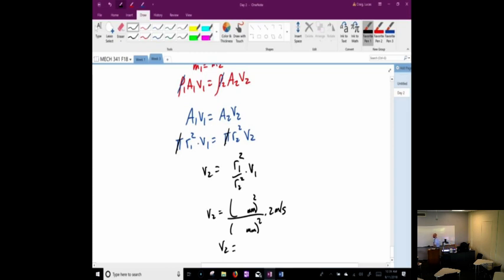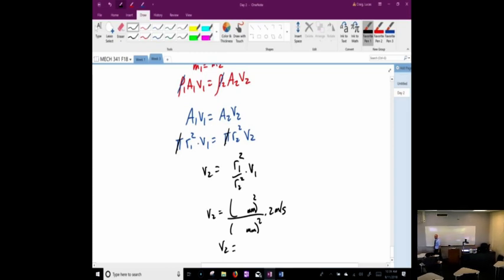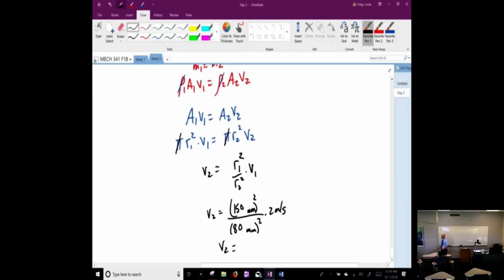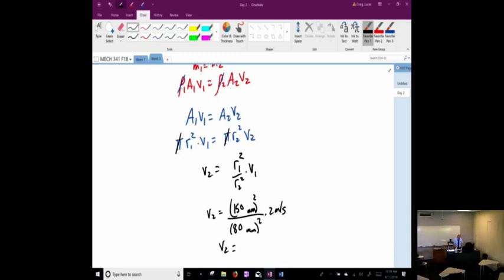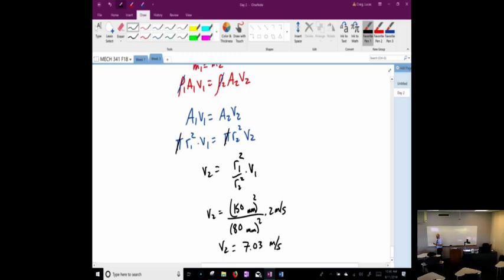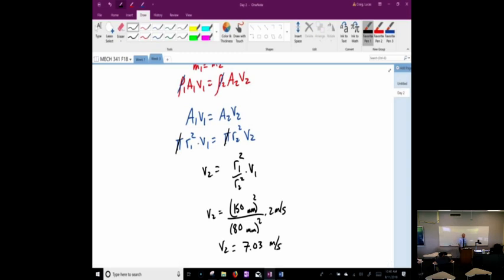Good catch. If you divide by 2 on each, they're going to cancel. Let's do this. 7.03 meters per second. A good check is to realize that the area got smaller, so the velocity should go higher. Just double check.